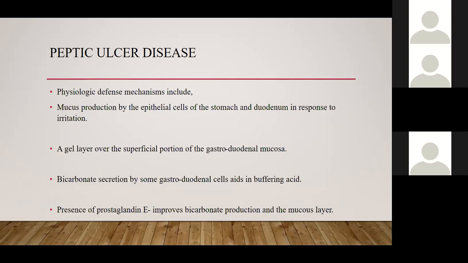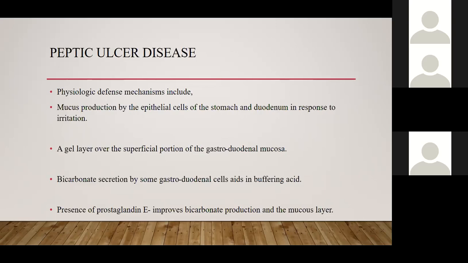And then you remember we talked about bicarbonate secretion getting to that part where the stomach links to the duodenum. This bicarbonate is supposed to buffer the acid. Okay, so all these things are in place so that you don't have excess acid production. There's also the presence of prostaglandin E, which improves bicarbonate production in the mucous layer.